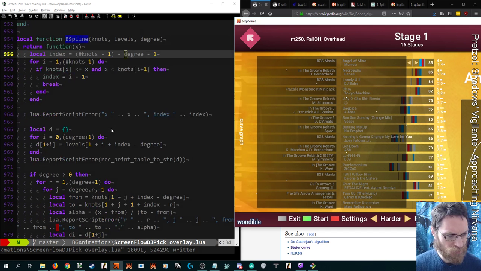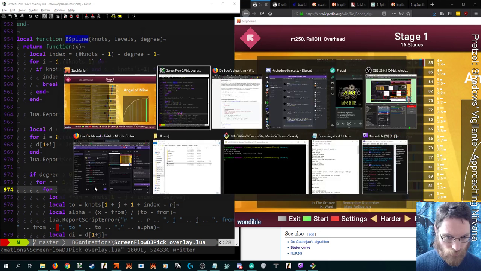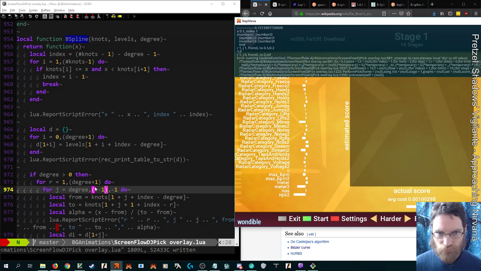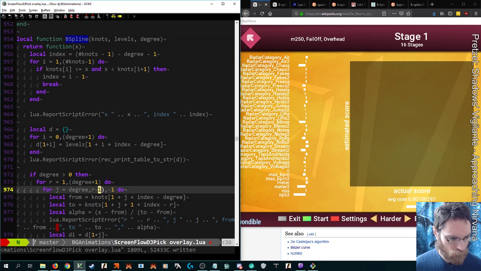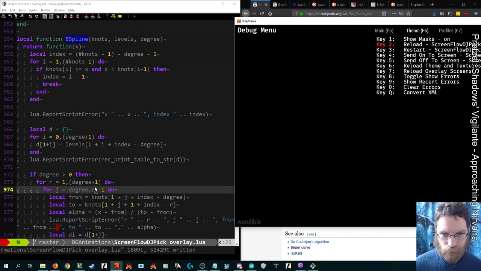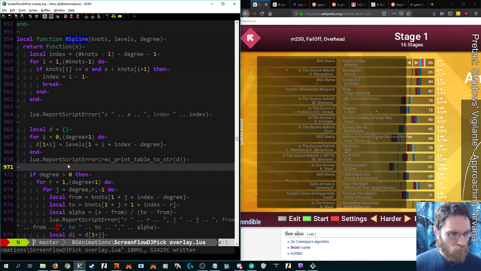So it still seems like that r minus 1 might be a problem. Maybe it's not now. Nope, it's still a problem. That lets you go to 0, and then you do index 0 minus 1. All right.